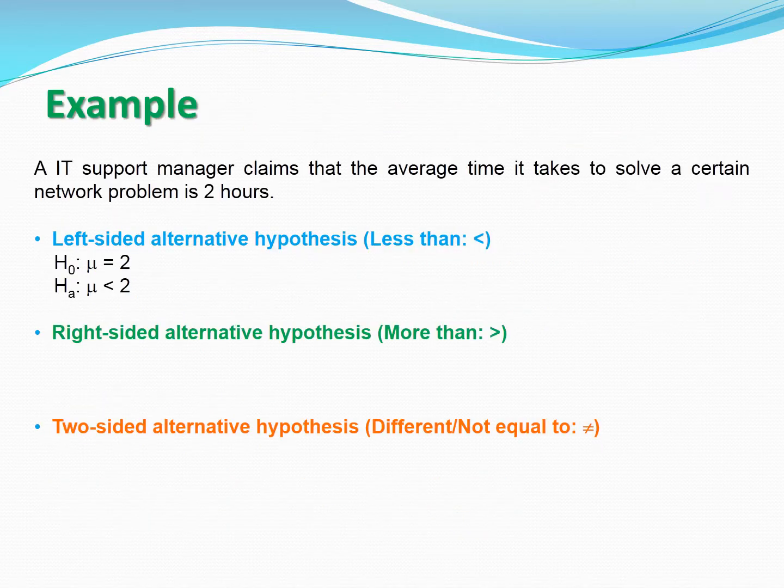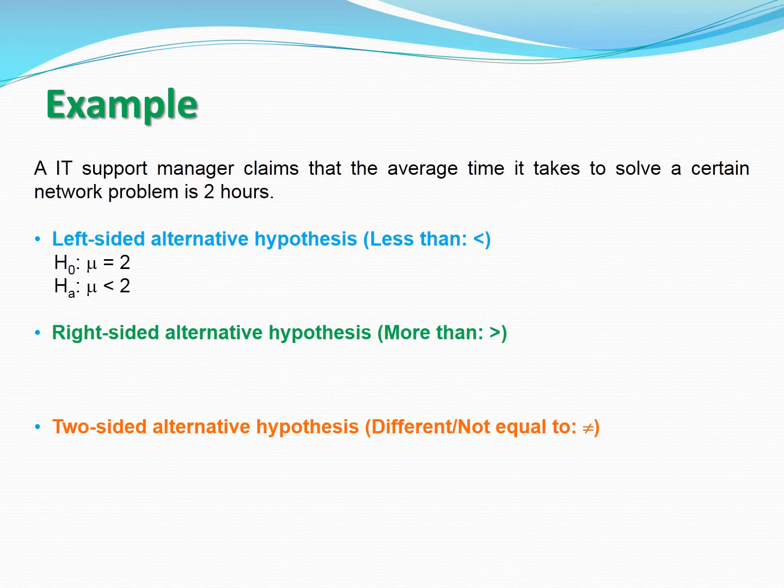For example, an IT support manager claims that the average time it takes to solve a certain network problem is 2 hours. Then you will state in your null hypothesis that the population mean is equal to 2 hours. But if you want to test that the population mean time is shorter than 2 hours, then you will state in your alternative that the population mean is less than 2.